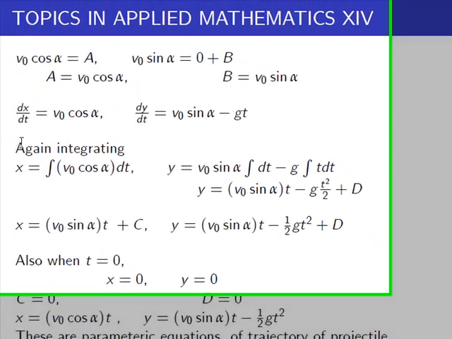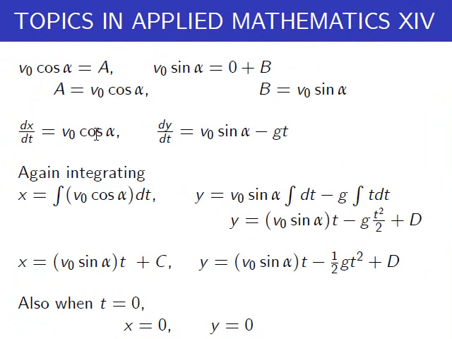Again, we integrate these equations. These are now two first order differential equations. We integrate this equation and this equation respectively. First of all, the left hand side gives us x, and the right hand side is the integral of v naught cos alpha dt.